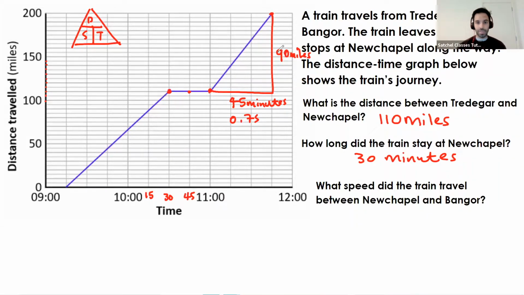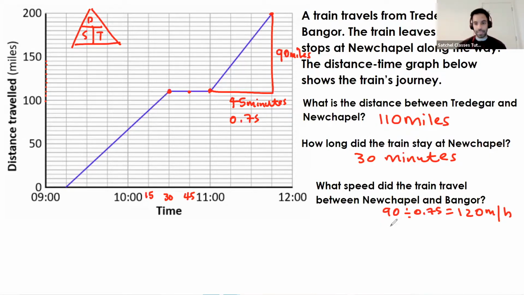So that's going to be 90 divided by 0.75. And if I use my calculator, that will give us 120 miles per hour.